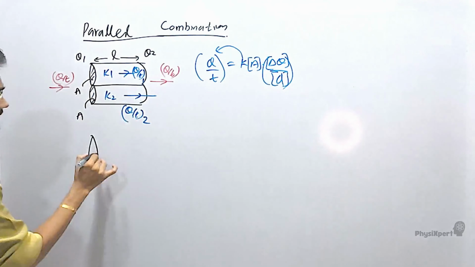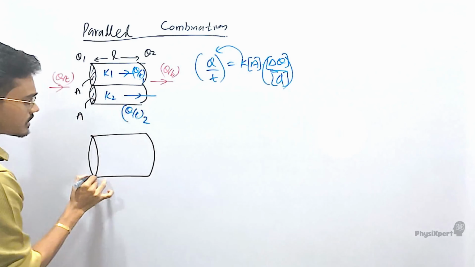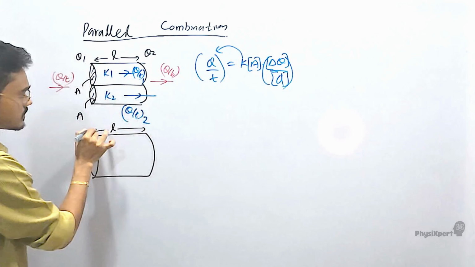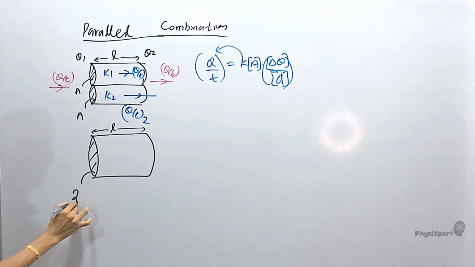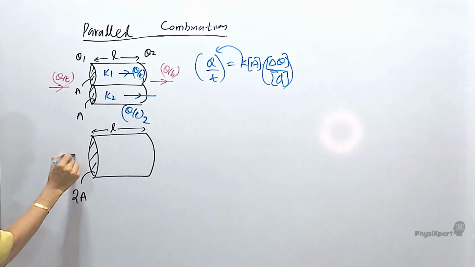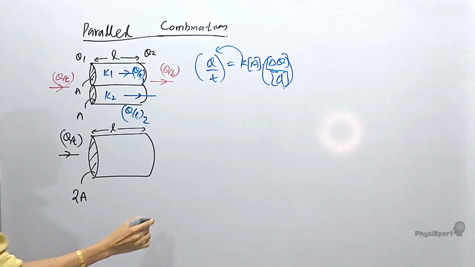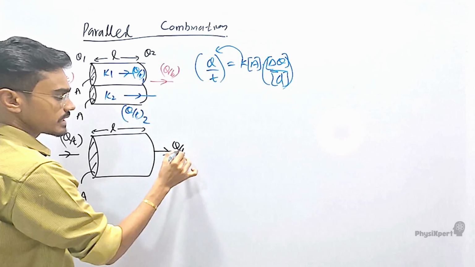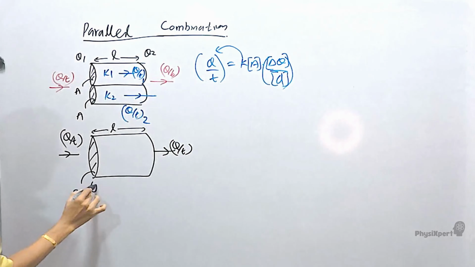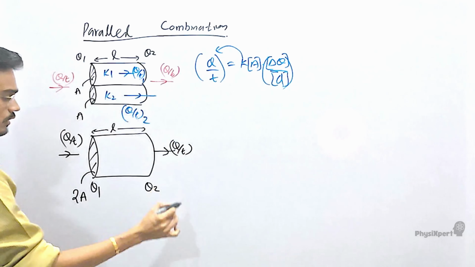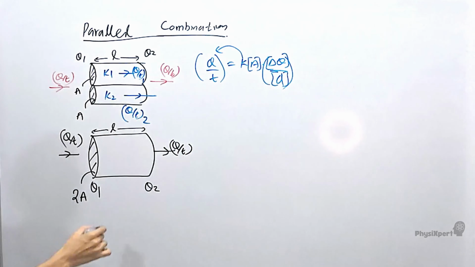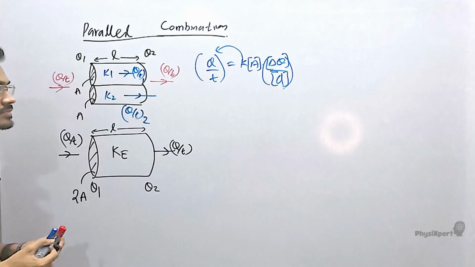This is the equivalent with an area 2A but the same length. And it should carry the same Q over T which was carried by the system. Temperature difference should also be the same, theta 1 and theta 2, right? Okay, let's consider this as Ke.